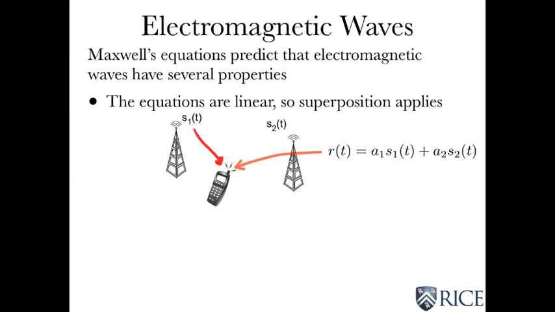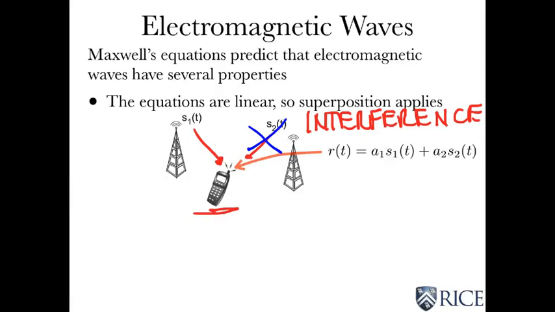However, S2 is going to come in also. So the idea is, how do you block this signal you really don't want? Well, the signal you don't want is called interference. Interference is primarily produced by humans. It's not necessarily a natural phenomenon, although it could be in some cases. So we have to figure out how you design the communication systems as a whole so that the receiver can figure out what's coming in and pull out the signal it wants.